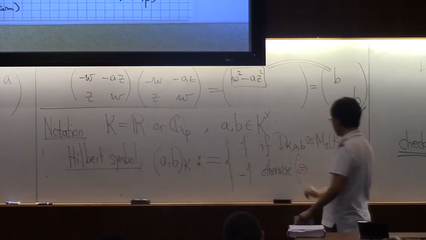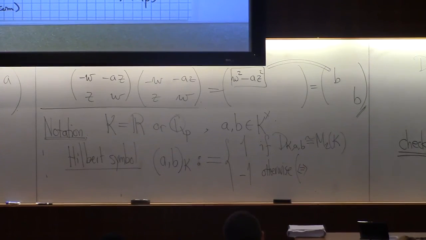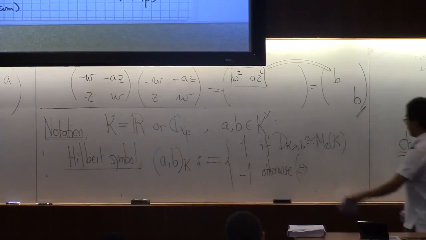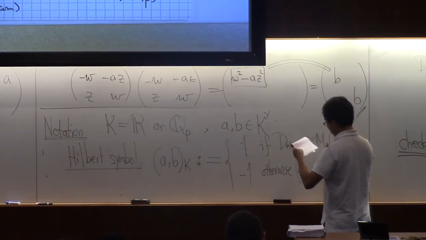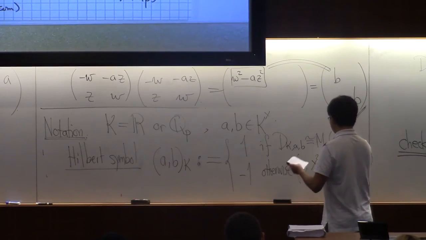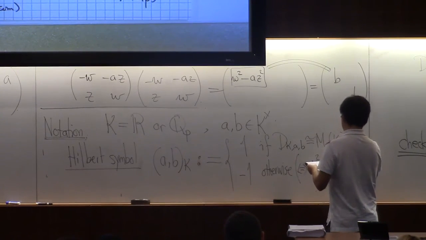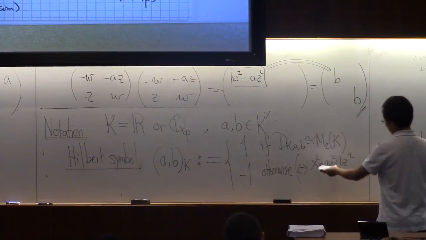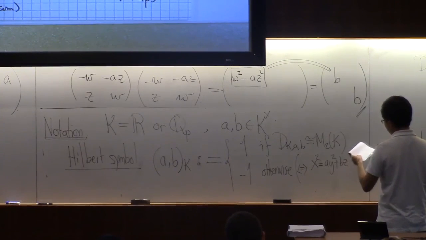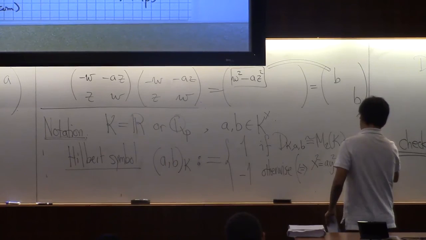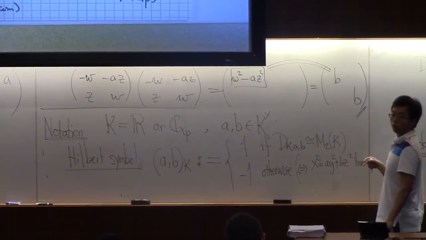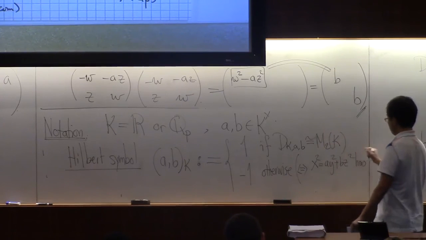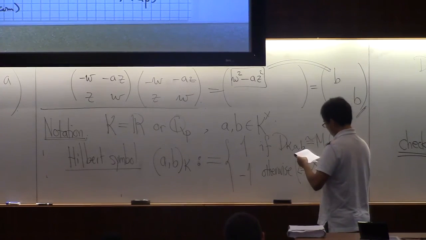And as we saw in the previous lemma, just to remind you, if the quaternion algebra is not isomorphic to the matrix algebra, that means that the equation, if you move things around, is the same as x squared equals a y squared plus b z squared. When this is isomorphic to the matrix algebra, this has a non-zero solution. When it's not, that means this has only zeros.